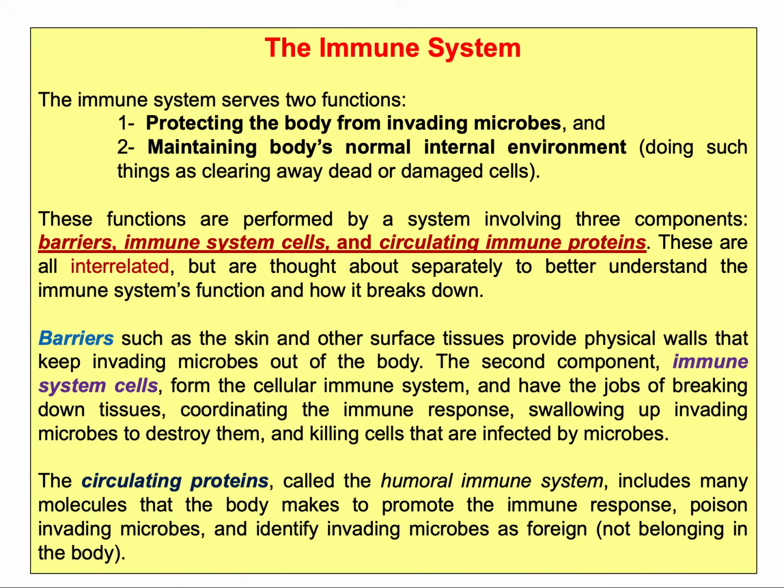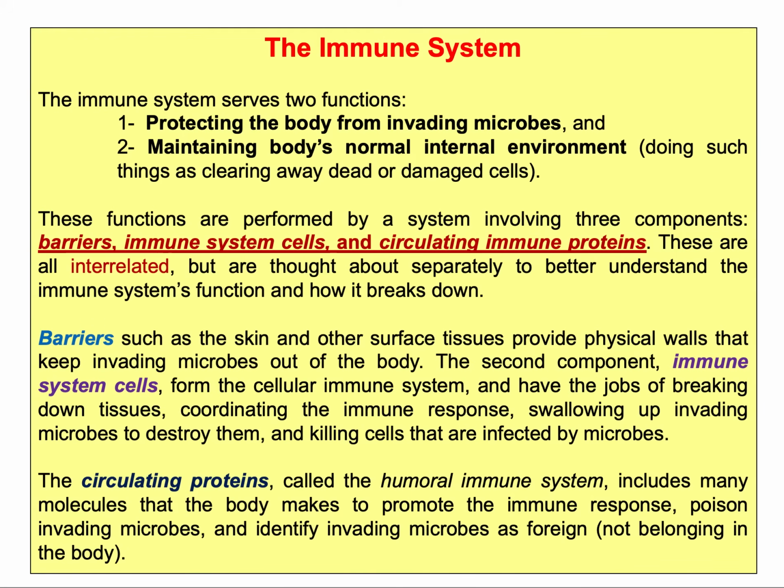The circulating proteins like antibodies, we call them the humoral immune system. So they are antibodies, and also they are signals. That's why we mentioned all these three components of our immune system are interrelated. So circulating proteins can be antibodies that target microbes and invading cells or invading proteins, but they can also be proteins that signal and facilitate communication between the different components of our immune system and other systems inside the body.